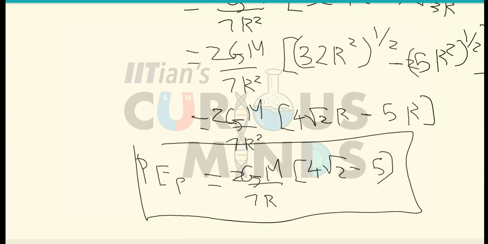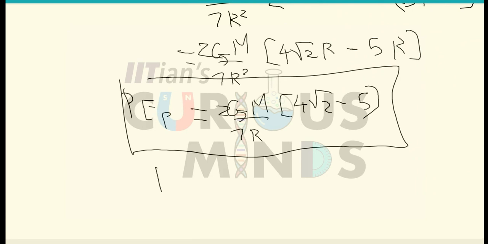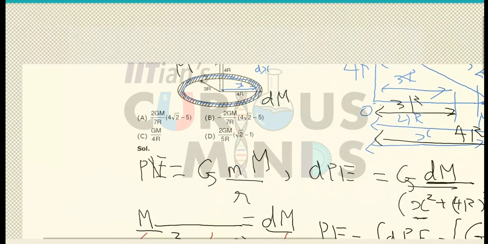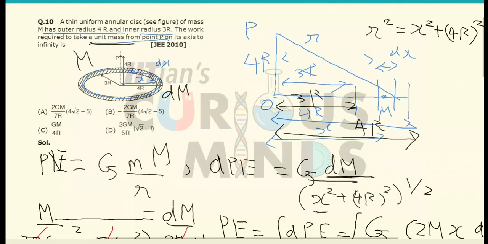At infinity the potential energy will be equal to 0, because r over here will be equal to 0. So the work done will be equal to the change in the potential energy, which gives the same answer as the first potential energy: 2gm divided by 7r into 4 root 2 minus 5, which is option number A.